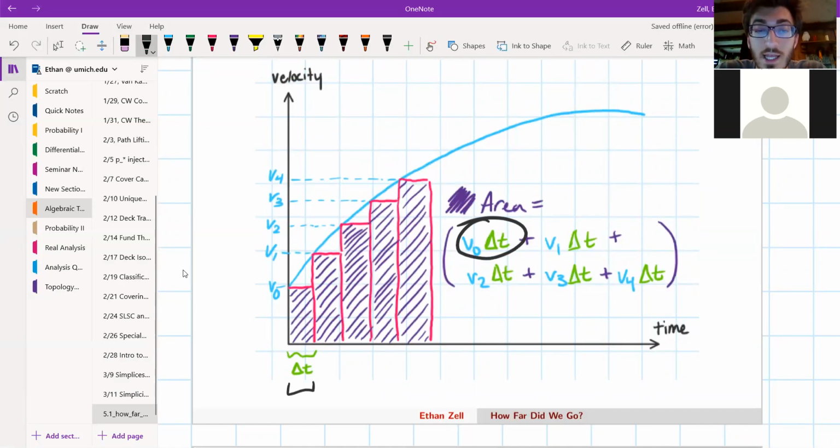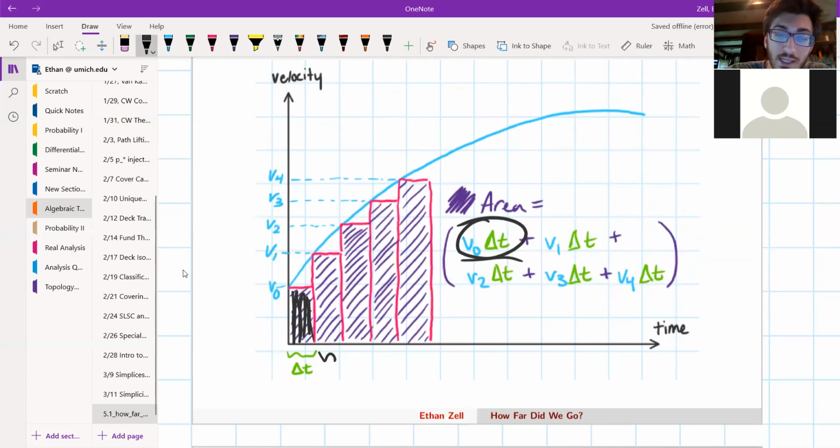Let's call it delta T for change in time. So however long I wait before I take my next approximation. And then at the time I take my approximation, I'm traveling at V0 miles per hour, okay? So just as we had in the last slide, but now I'm writing them as V0 and delta T instead of 25 miles an hour and 1 hour. So now I just have V0 times delta T is the area of this rectangle right here.